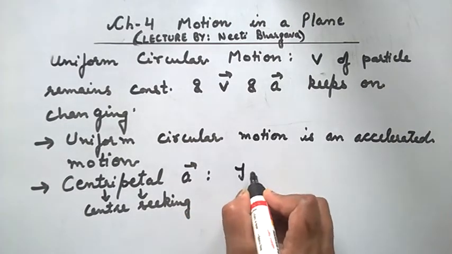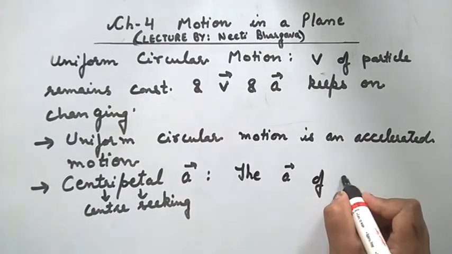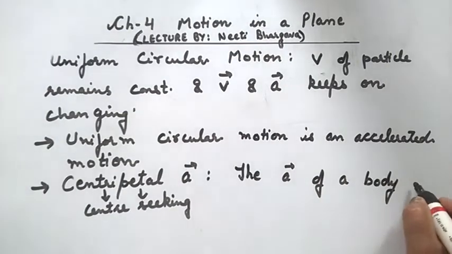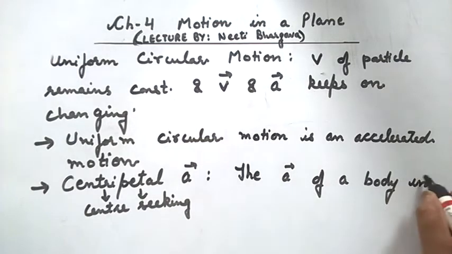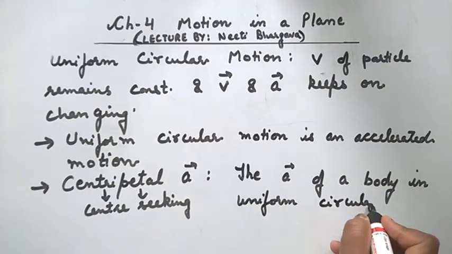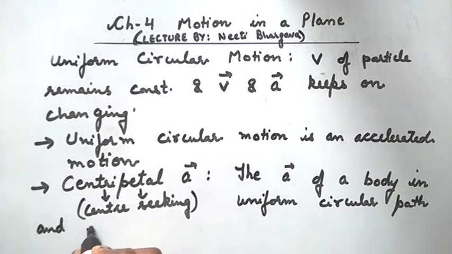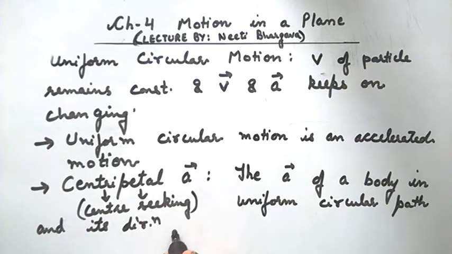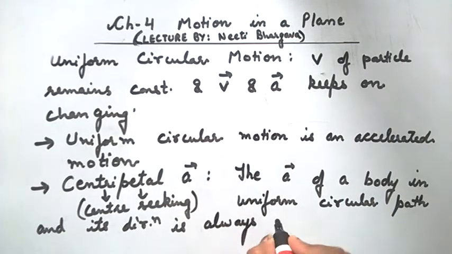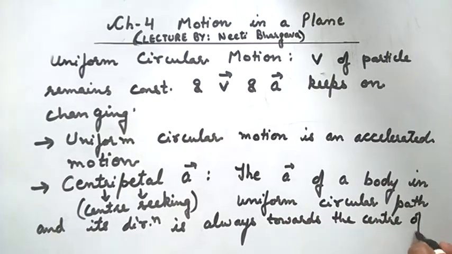Therefore, it is that acceleration of a body or a particle in uniform circular path, and its direction is always towards the center of that circular path. Now let's calculate its value.